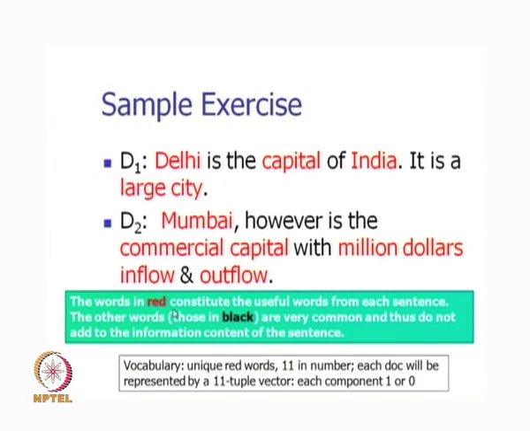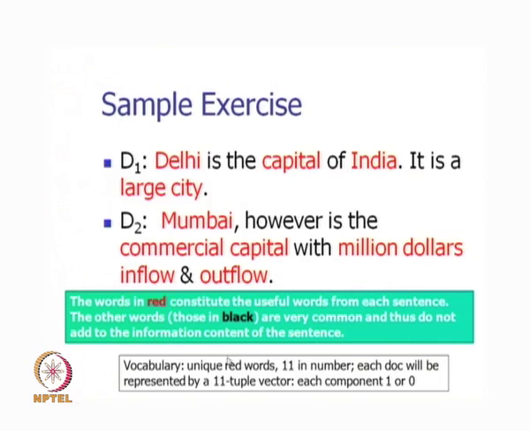So, the words in red constitute the useful words from each sentence. The other words, those in black, are very common and thus do not add to the information content of the sentence. They appear in all documents, all sentences, so their presence does not make D1 anything special, and similarly does not make D2 anything special.